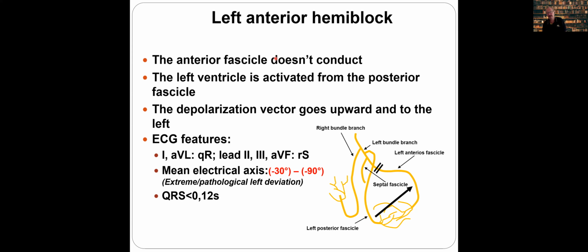If the anterior is missing, it means that the activation is going from the right to the left. And this is why you do have a pathological left deviation. If the posterior is missing, the anterior will activate that muscle, and it means it's coming from left to the right. So you do have a pathological right deviation.